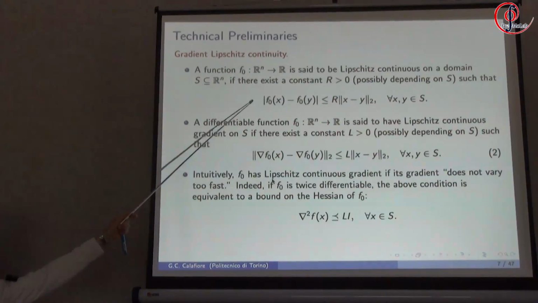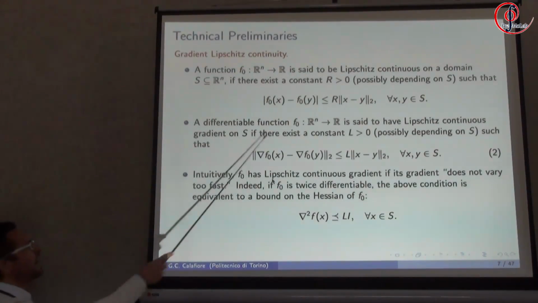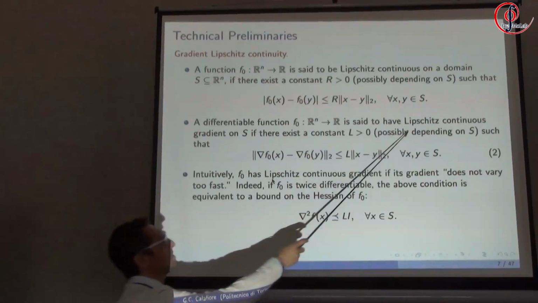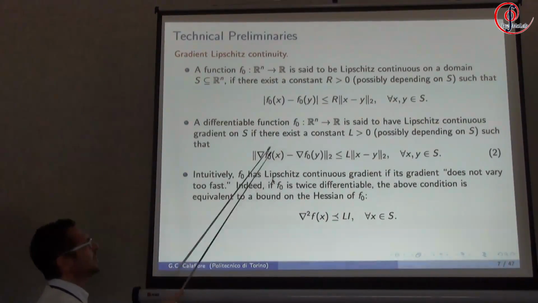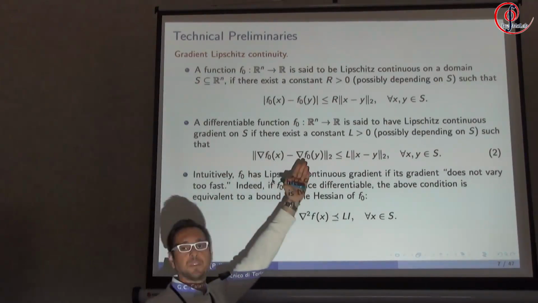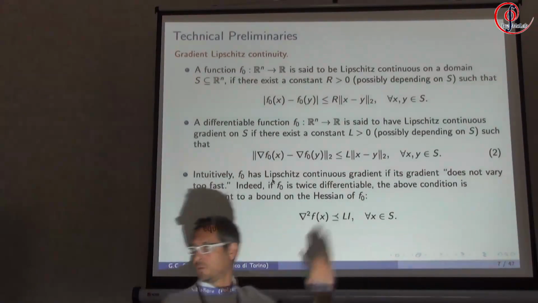And then we apply the same idea, but now not to the function itself, but to the gradients of the function. So we say that the function has Lipschitz continuous gradients if there exists a constant such that the gradient of the function is Lipschitz continuous.